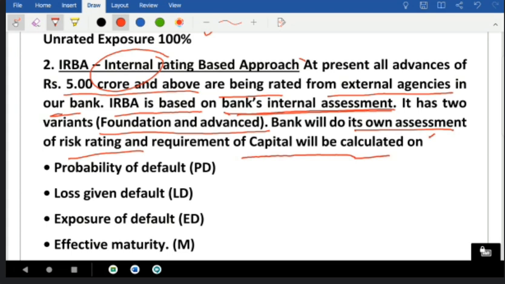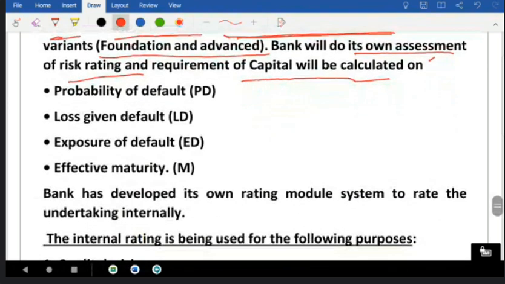Now, what are the bases? Number one, probability of default. That means what is the probability that a particular customer will default. Loss given default, exposure at default, and effective maturity. So the bank has developed its own rating module system to rate the undertaking internally.